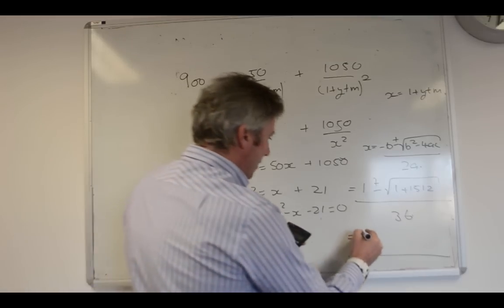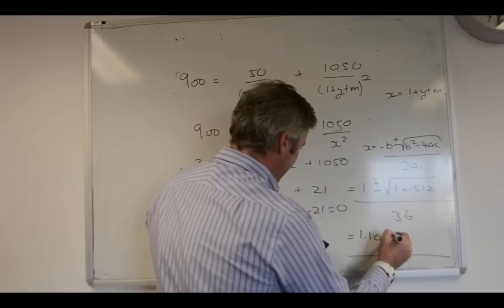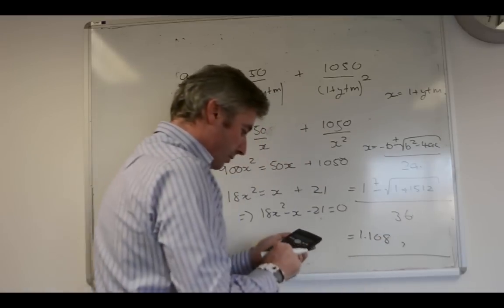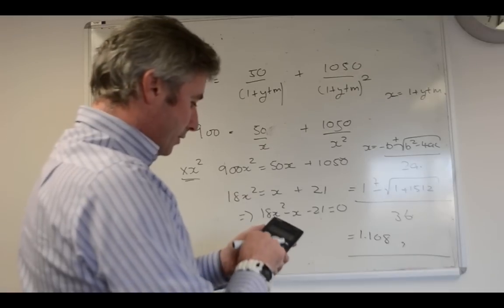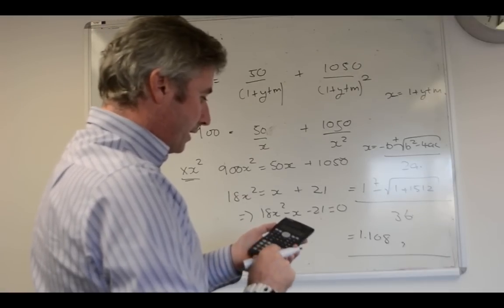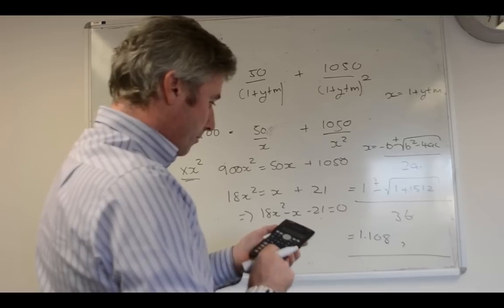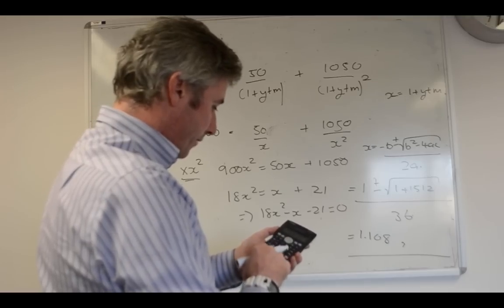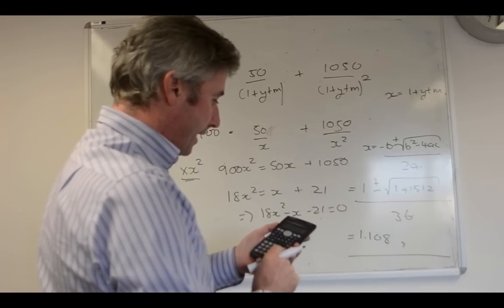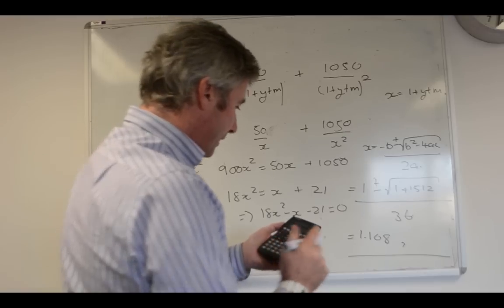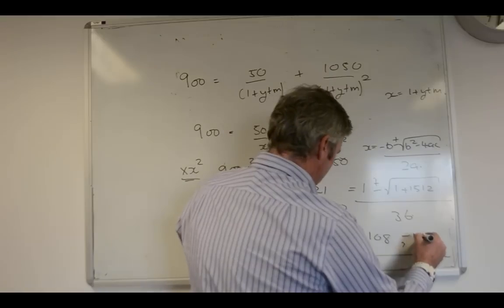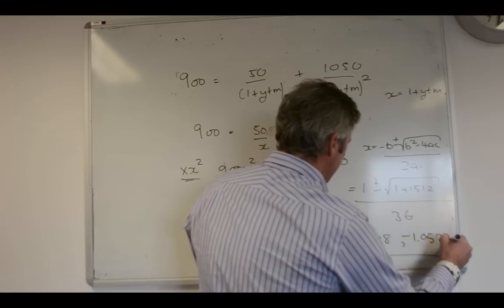So that's going to be 1.108. Another solution is 1 minus the square root of 1513 divided by 36. That's a negative number, giving us minus 1.0527.